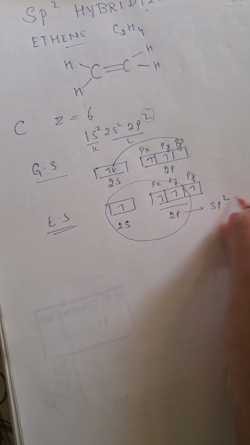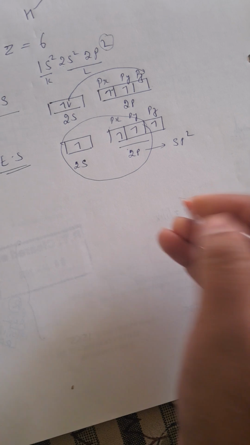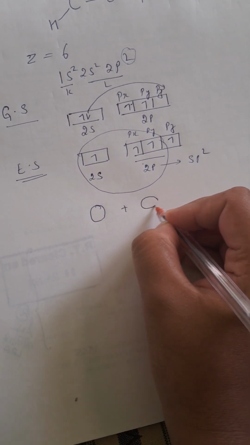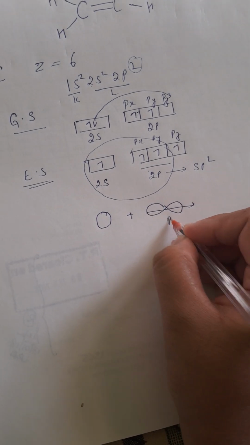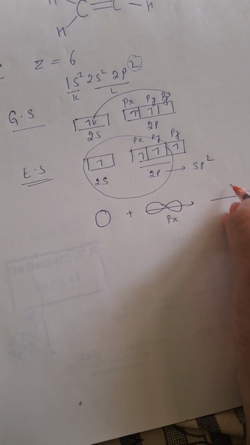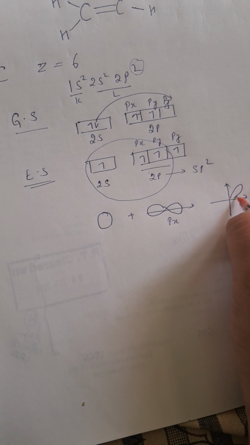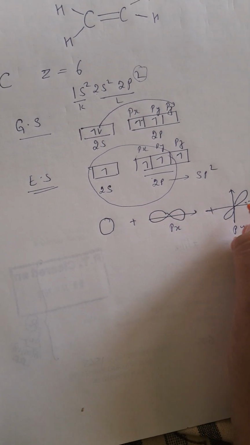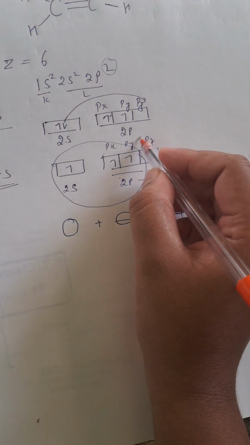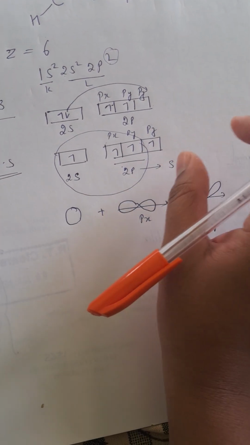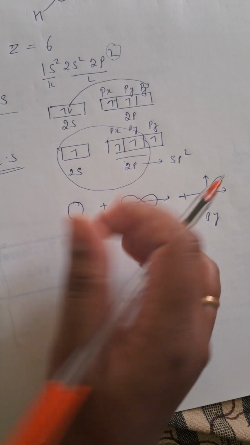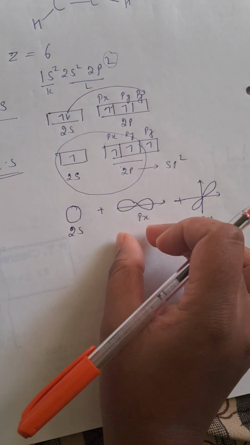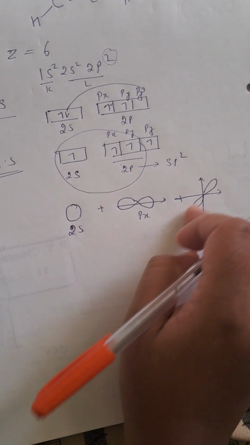As we already know, the shape of the s orbital is spherical, and the p orbital, px, is on the x-axis, and we also have py. These are the parental orbitals involved in hybridization, but pz is not involved, so we will keep it as it is. Only 2s, and in 2p only px and py, are involved in the hybridization.